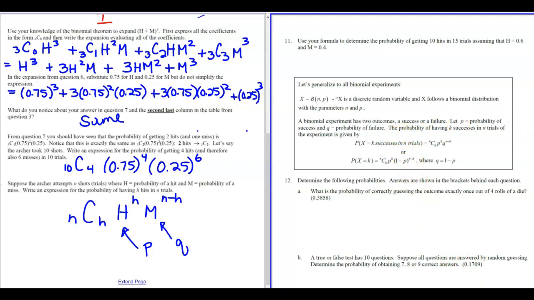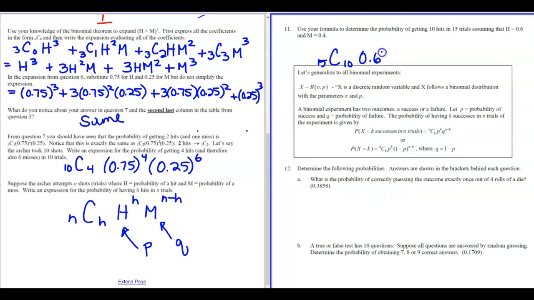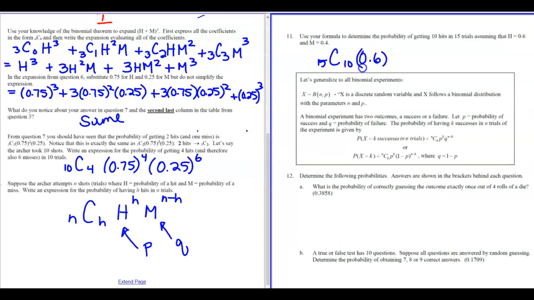You have to calculate probability of a miss, 1 minus it, right? So 15 trials, the 10 hits. Probability of a hit and a miss.